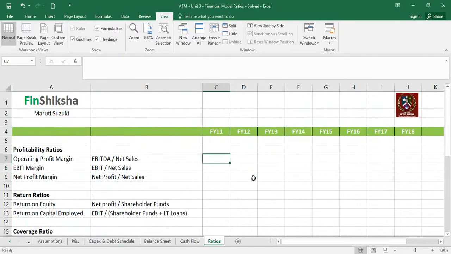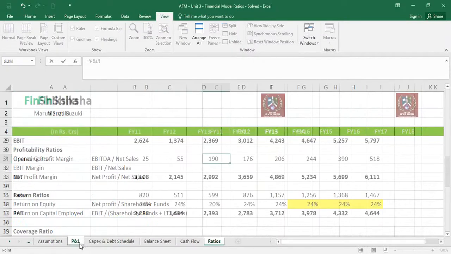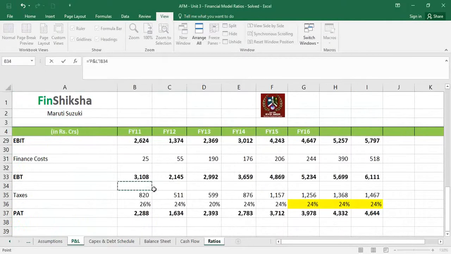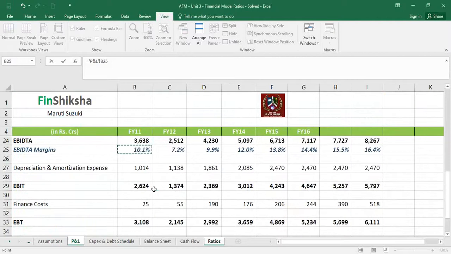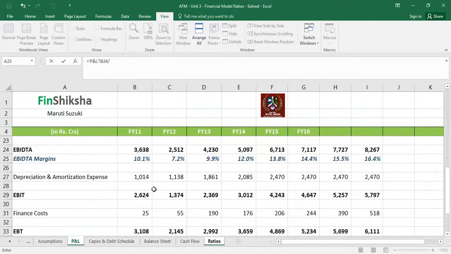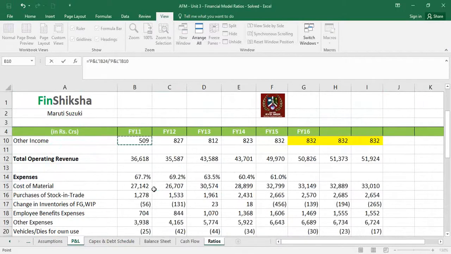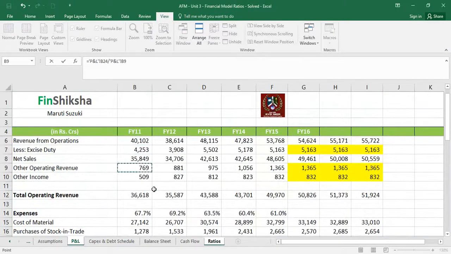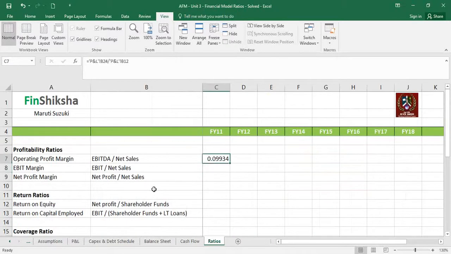Operating profit margin or EBITDA margin is nothing but earnings before interest, tax, depreciation and amortization divided by the net sales. On our P&L, both these numbers are available. So when we look at the P&L, we have EBITDA available here, and we can divide it by the net sales number, or the total operating revenue number, and we should get the number here.